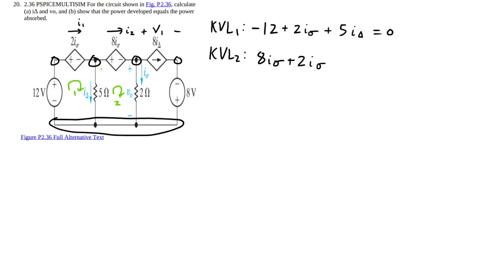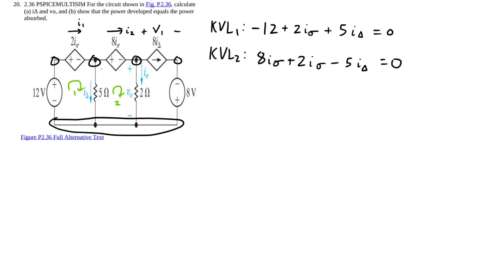And then we have minus, because we're going back up here, so minus 5, because the current is going opposite to our little loop. We have I delta, not sigma, sorry. So minus 5 I delta equals 0.